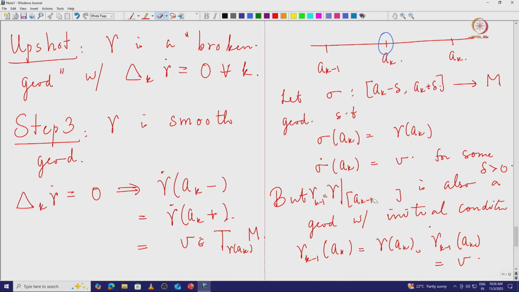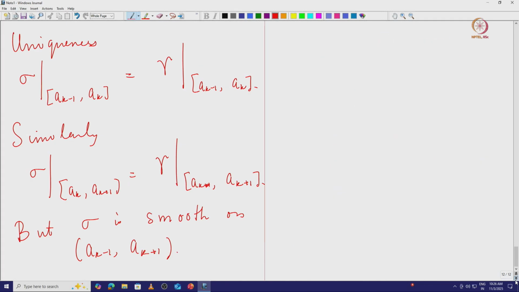And then you just consider gamma on the interval a_k minus delta to a_k. It is a geodesic satisfying these two initial conditions, which means that sigma on the interval a_k minus delta to a_k agrees with gamma on the interval a_k minus delta to a_k. Okay. Similarly, we can do it for the other interval.